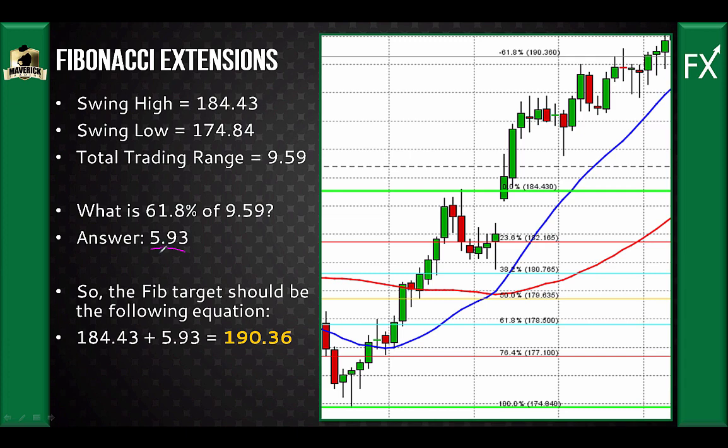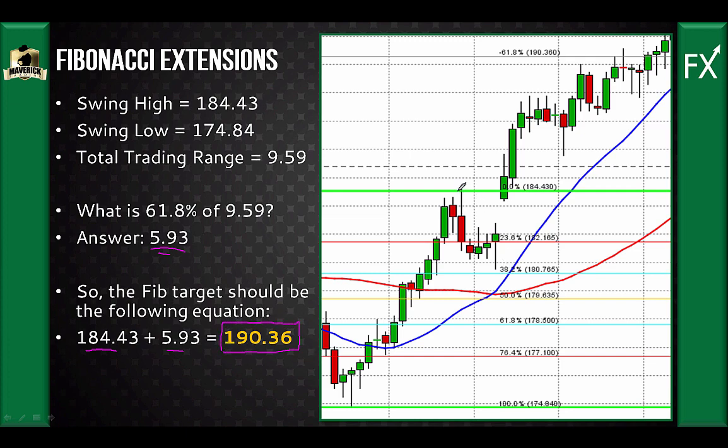So if 593 is 61.8% of that number, your fib target would be what? Well, prior swing high, 184.43, plus 61.8% of the trading range, which was 593. Add those together, and it will give you your target.